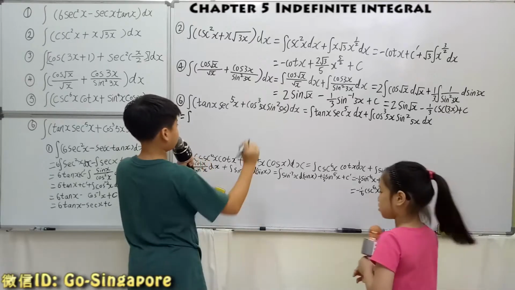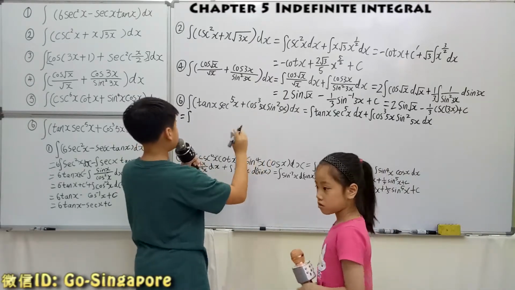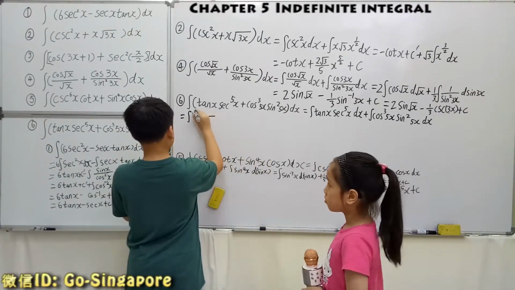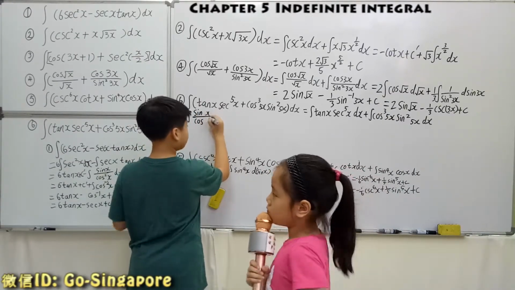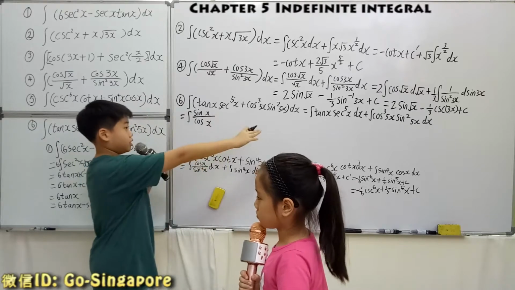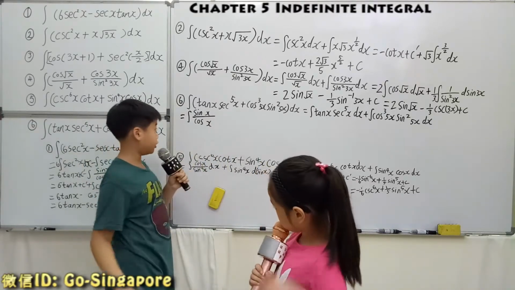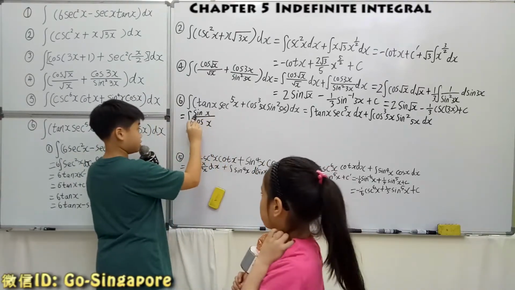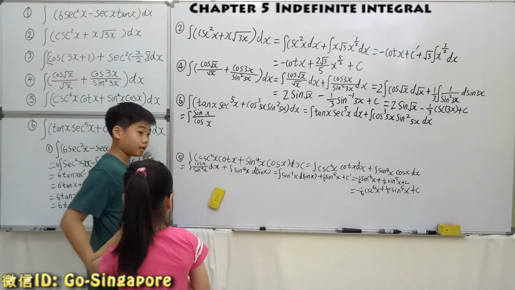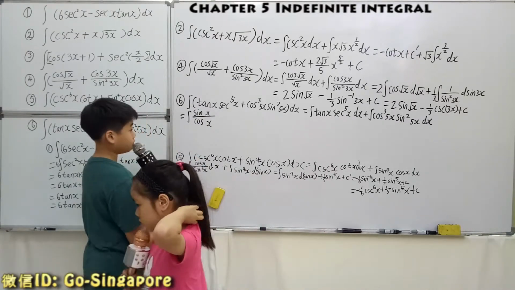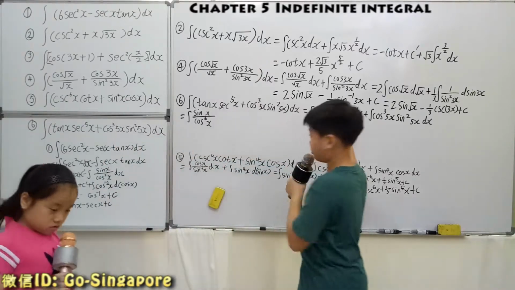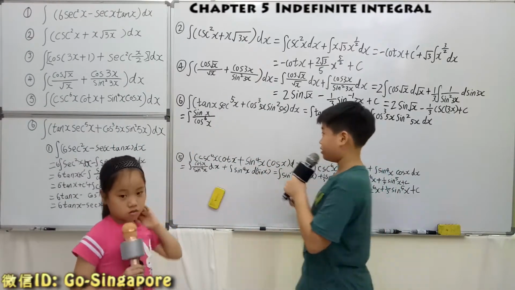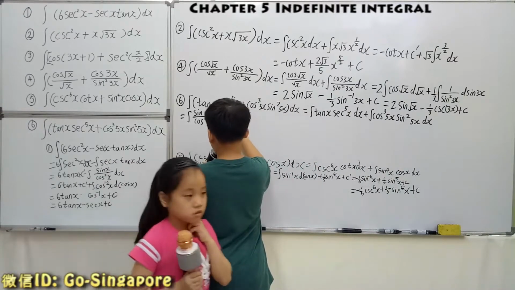So in this integral, tangent x is actually sine over cosine, right? Okay. Below here, the secant is 1 over cosine, so here's one of the sine. But how many of these cosines? There are 6, because the 1 and this 5 make 6, right? Yes. And here's the dx.